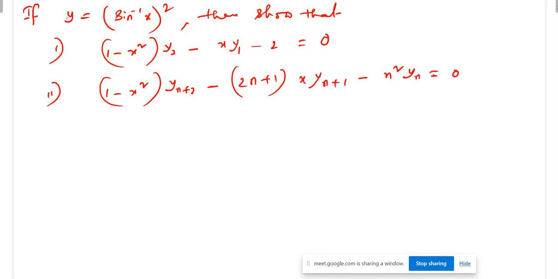So this is given y equal to sine inverse x whole square, and we need to prove 1 and 2.